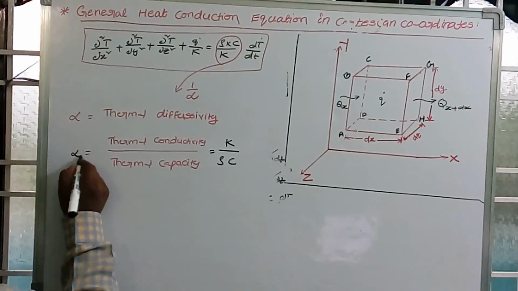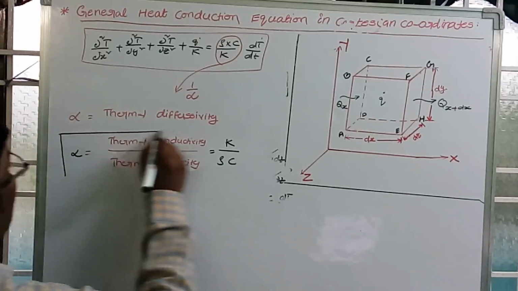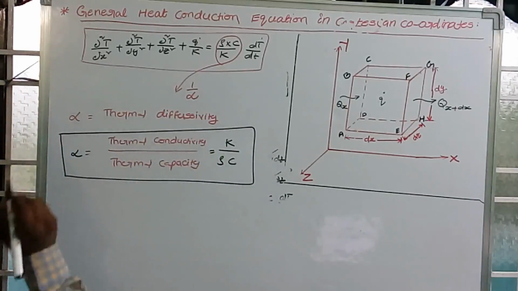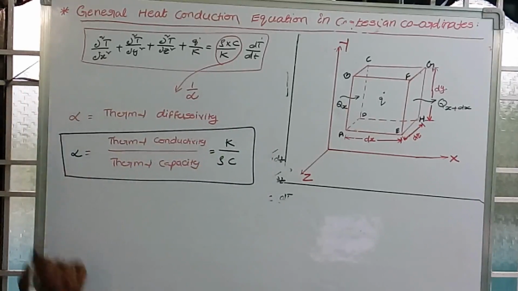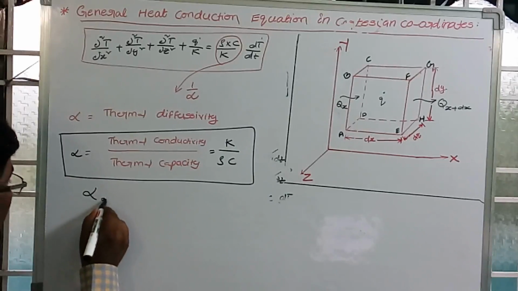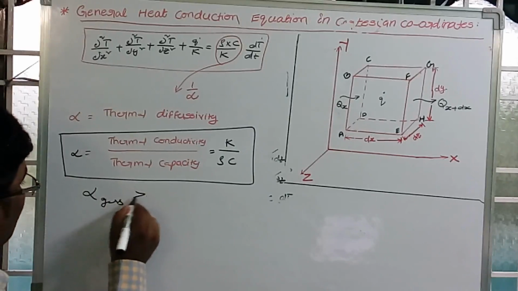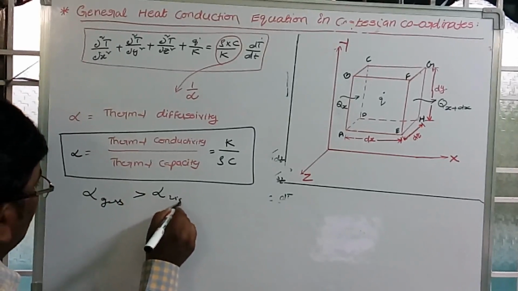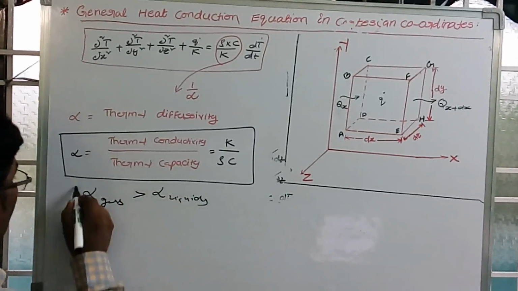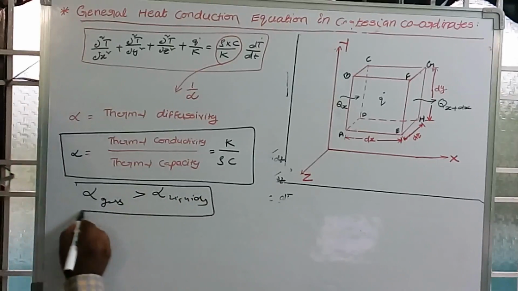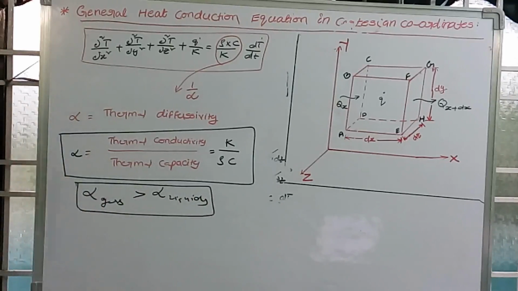This is a very important property of a material. Its value is higher for gases and lower for liquids. A very important point: the alpha value for gases is greater than the alpha value for liquids.